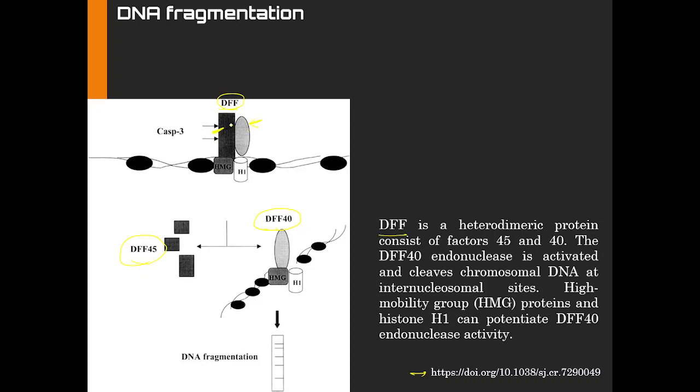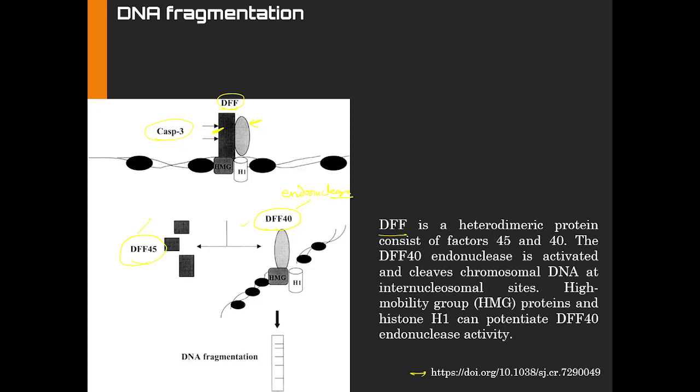Now this complex is an inactive form. It requires activation, and for this caspase 3 comes into the picture. Caspase 3 not only separates these two subunits, but it also activates your DFF 40. So this DFF 40 is an endonuclease, and this endonuclease basically cleaves your DNA into fragments. So it is like a DNase, you can say.